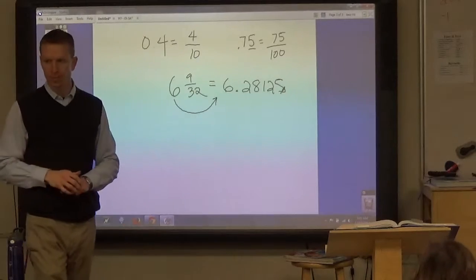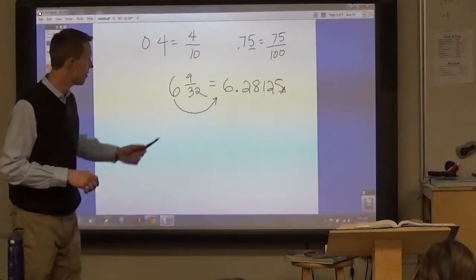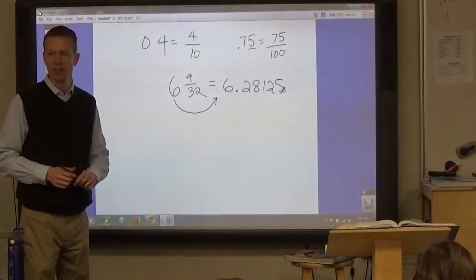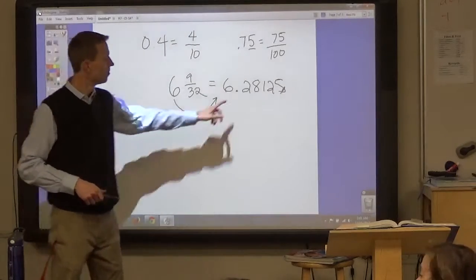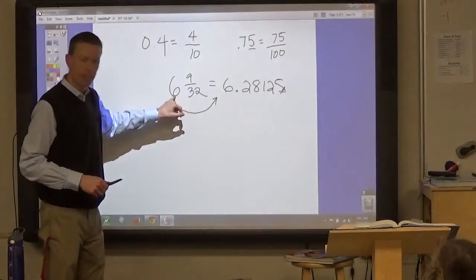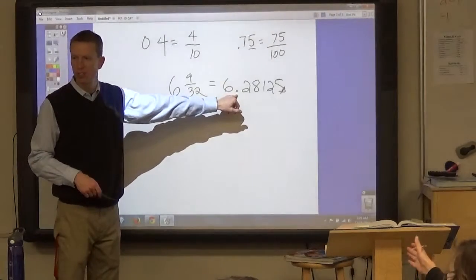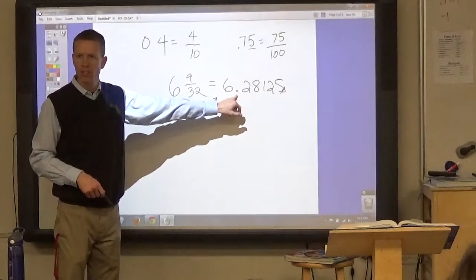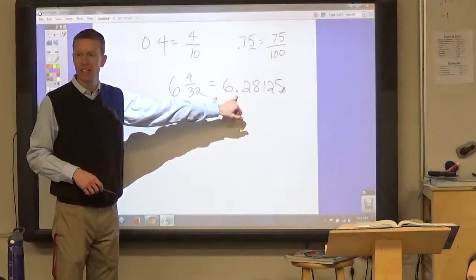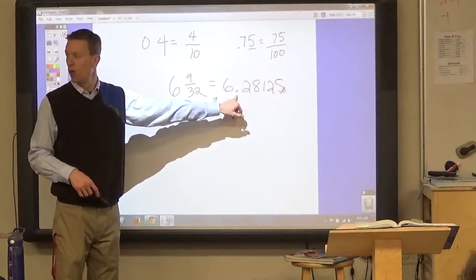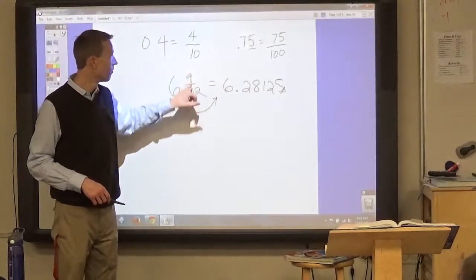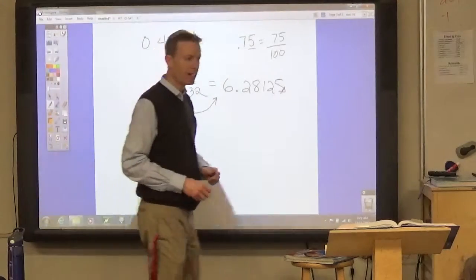I got 0.28125. There is no 6 there. We have to put the 6 there first, right? Put the 6 in the answer, because we know this is 6 ones. 6 wholes, and then just convert the fraction. So it's 6.28125. Any questions on that?